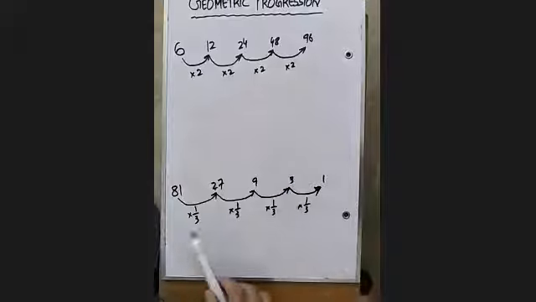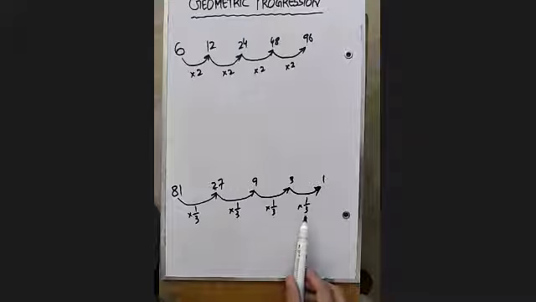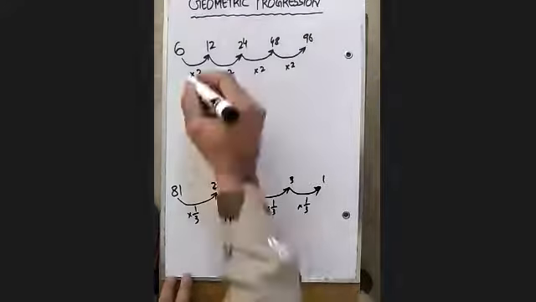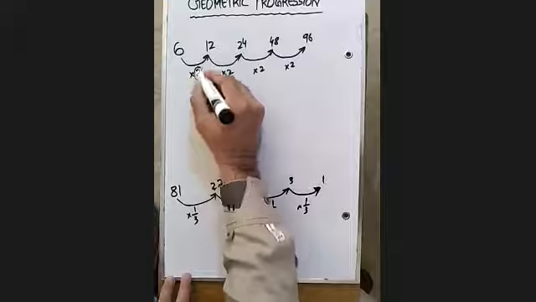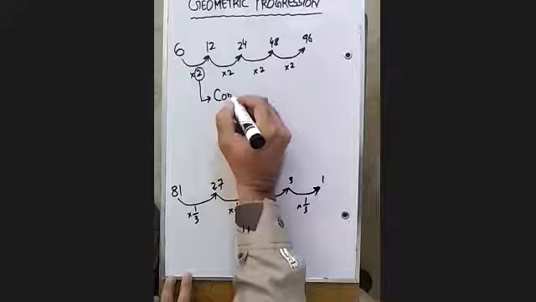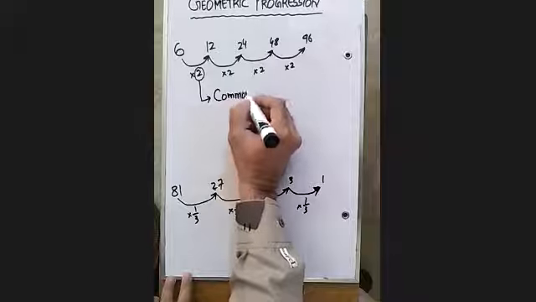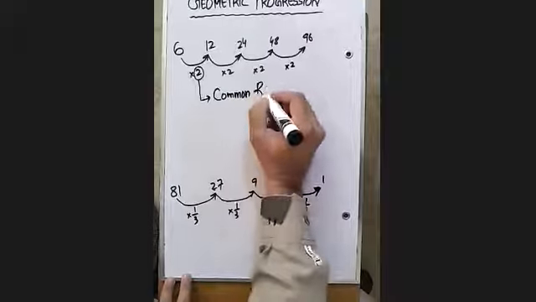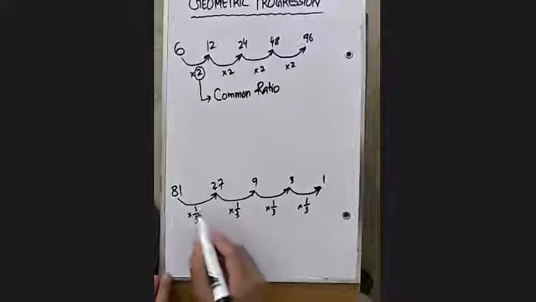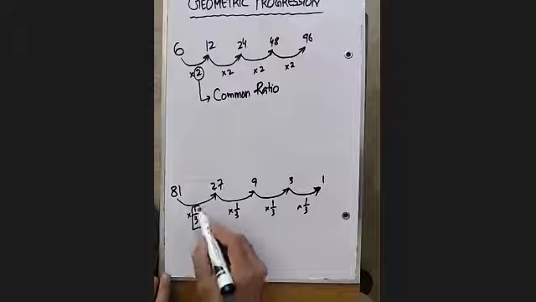And here, the number by which we are multiplying is less than 1. This specific number, the number by which we are multiplying each term, is called common ratio.